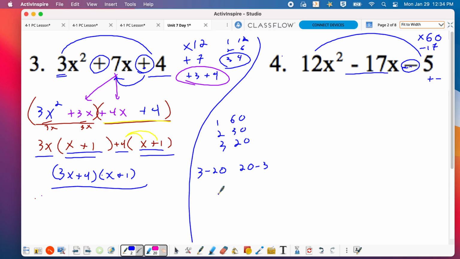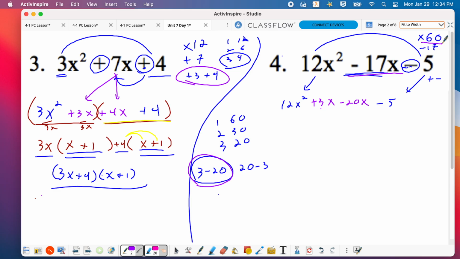To get negative 17, I want 3 minus 20. So again, I leave the first and the last the same. I'm going to take apart the middle term into these two, because a positive 3x minus 20x gives me my negative 17. 3 times 20 gives me my 60.